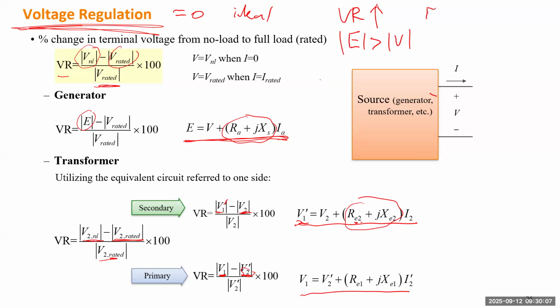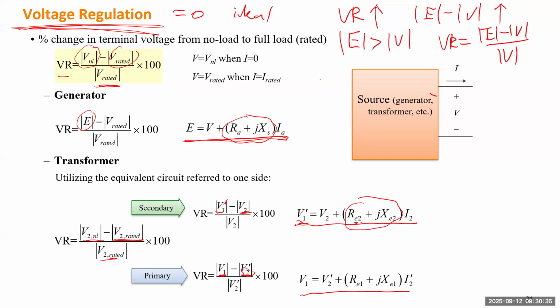Which means the gap between the voltages should be increased, right? For a generator, this should be this formula, divided by V. But for a generator, it could happen that E is lower than V, in what condition? Which means voltage regulation can be negative.